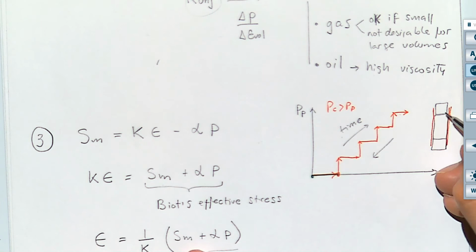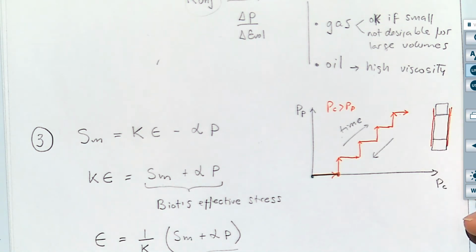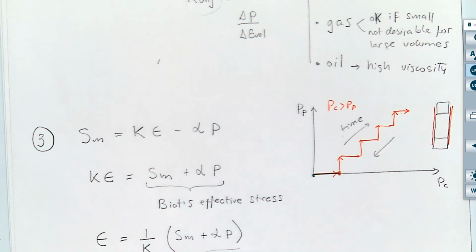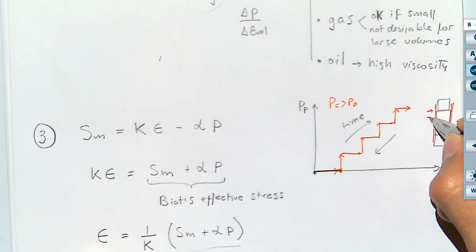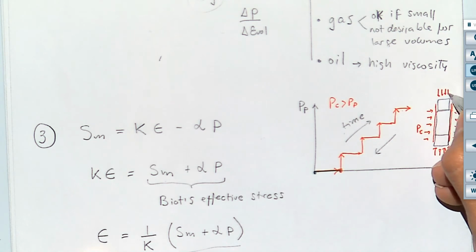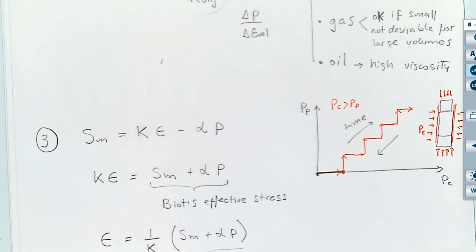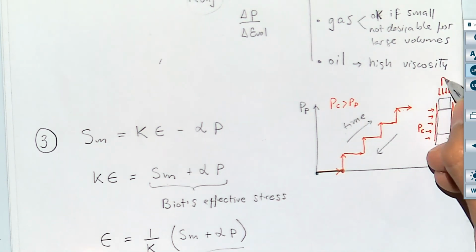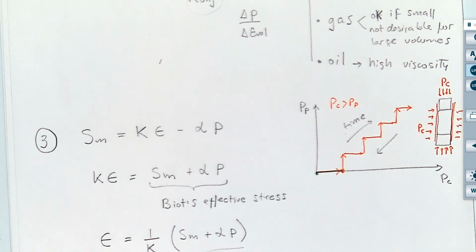I'm going to talk a little bit later about the triaxial cell, but basically you can control the confining pressure outside, and if you don't have any axial stress, your axial stress is also the confining pressure, because it's the same applied in all directions.